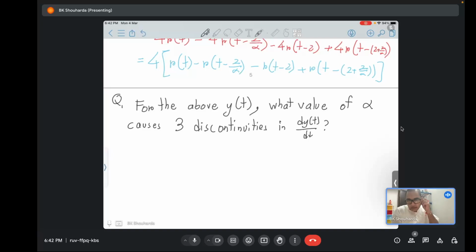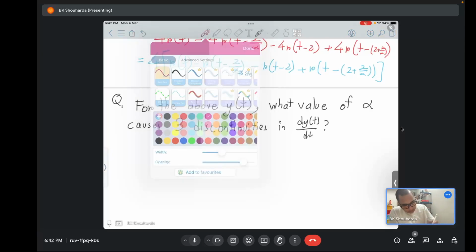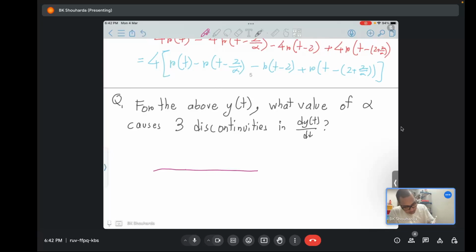Okay, now let's look at it carefully. It starts at 0. Okay, so I'm getting straight lines now. Very good.